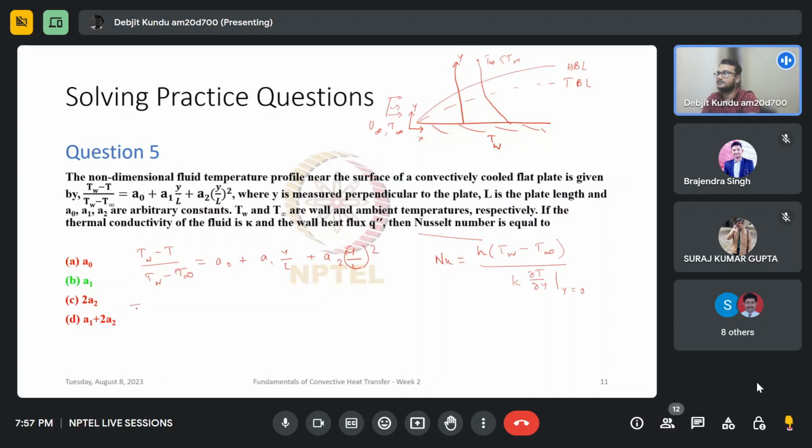So from here, I can write down T as Tw minus (Tw minus T infinity) multiplied by this thing, A0 plus A1 y over L plus A2 (y over L) whole square.